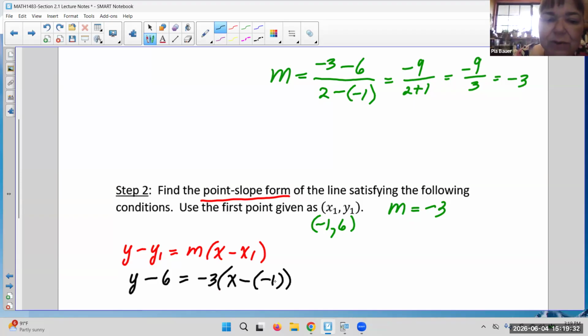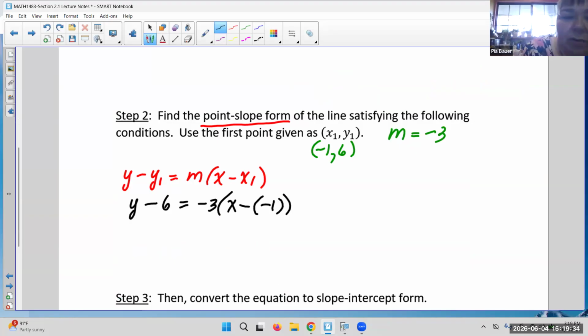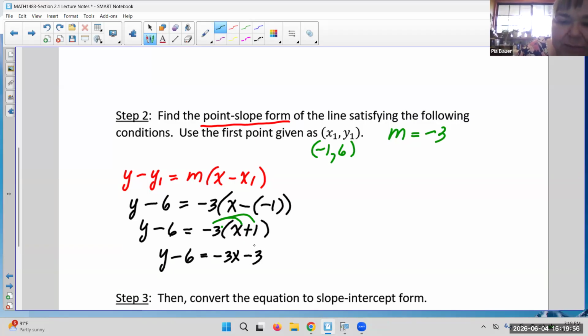So the first thing I do is I take care of the double negative here, so that will be y minus 6 equals -3 times x plus 1. Then I'm going to distribute that -3 to x and to 1. So I have y minus 6 equals -3x minus 3.